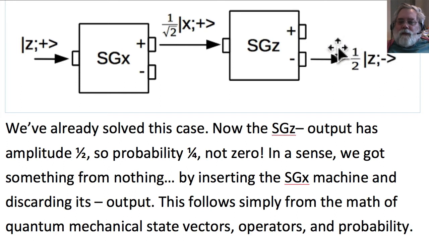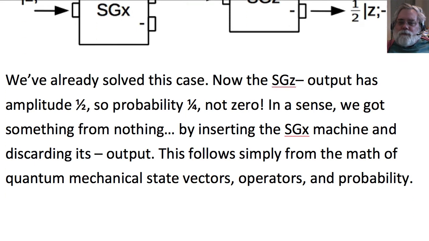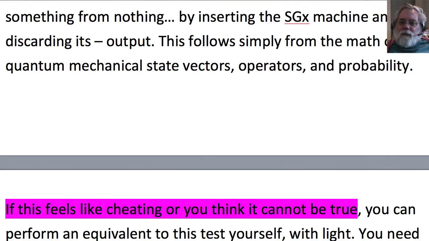We would naively expect this to be 0 if we were wrongly thinking of, well, this is Z plus and X plus. Well, it's not. It's a two-state system. It only has two basis vectors, and so we can't think of it that way.